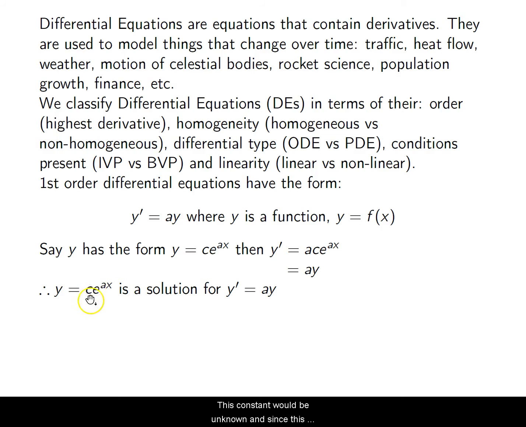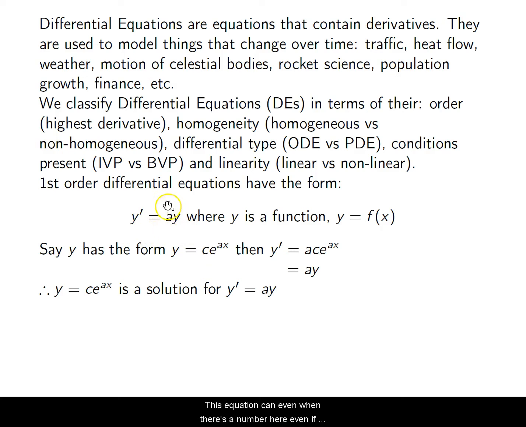This constant would be unknown, and since it is unknown, that means I have an infinite number of solutions, right? Because this could be 1, 2, 3, 1/2, pi. It could be an infinite choice of values. So there are infinite solutions for this equation, okay?